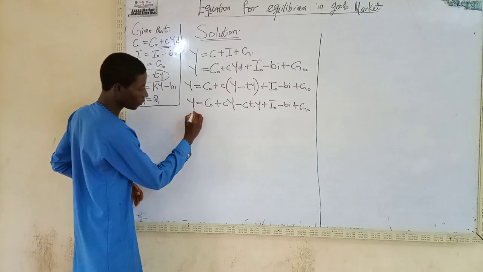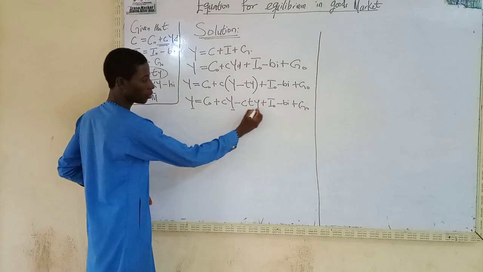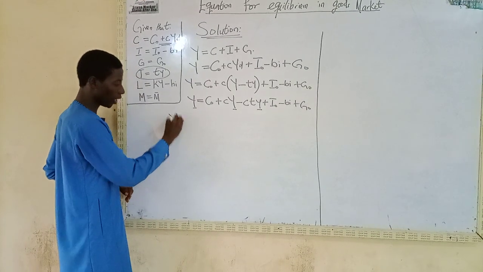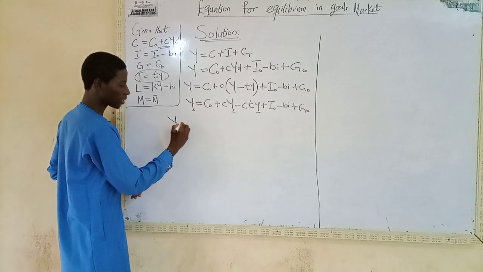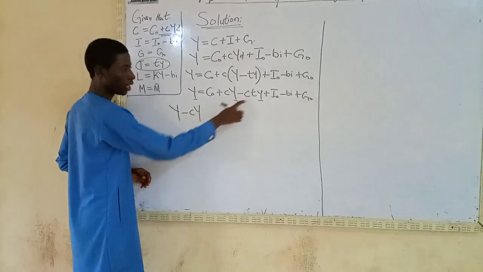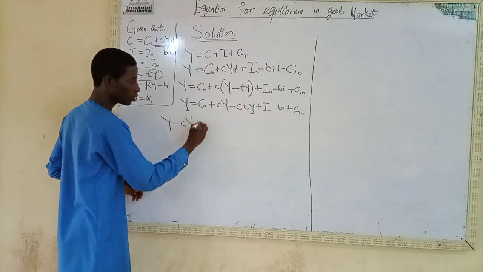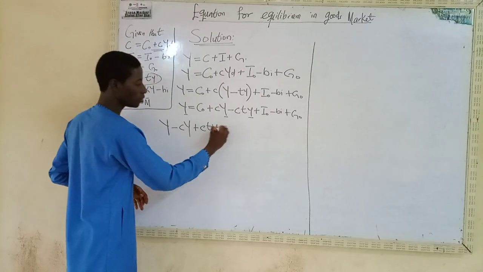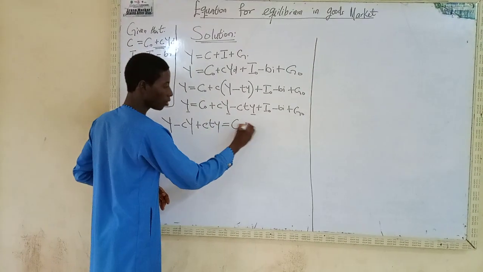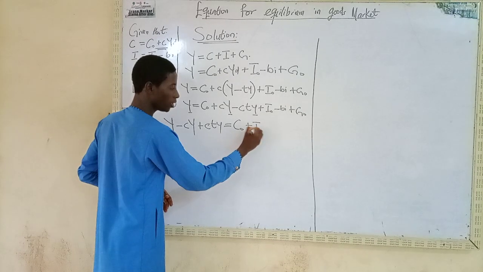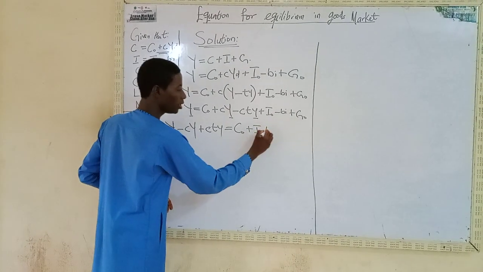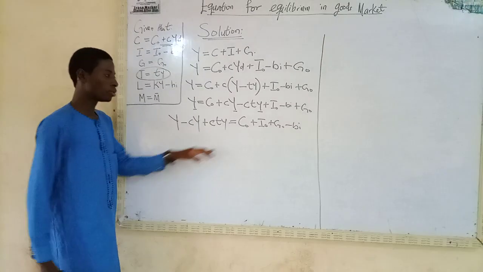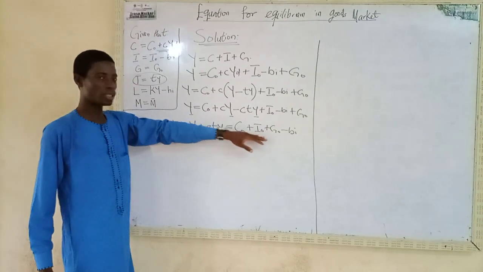We can observe that we have Y in several places, so we bring them together, collecting like terms. Y stays, minus cY goes to the other side, and ctY goes to the other side, so the sign will change. We have C0 plus investment I0, followed by G0, and minus bi. This is our autonomous spending.